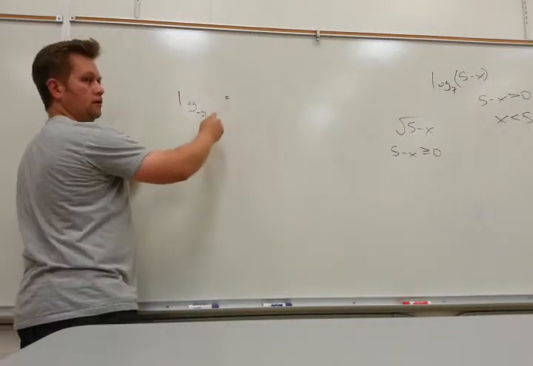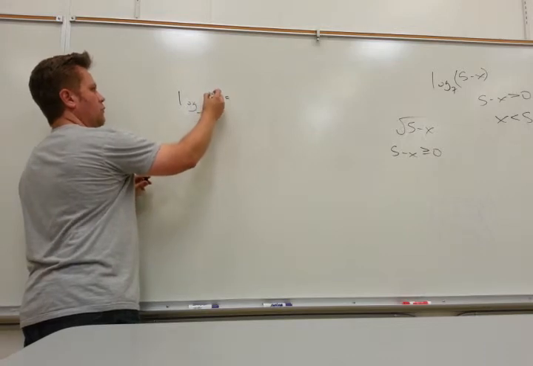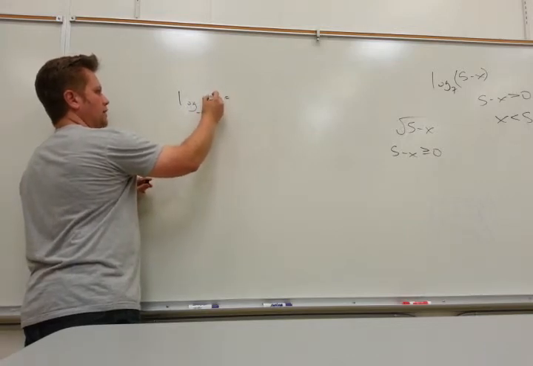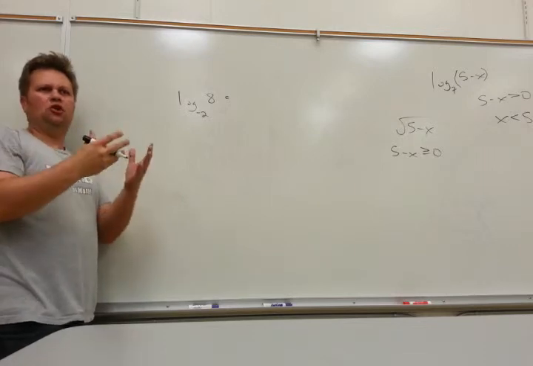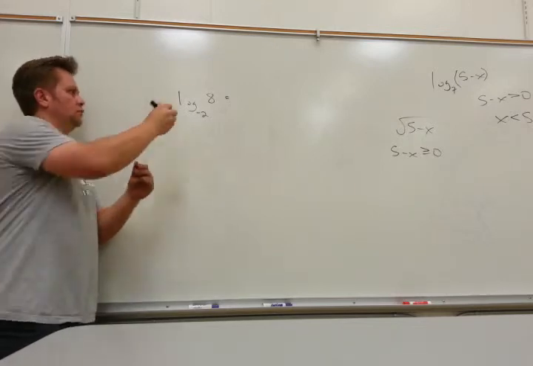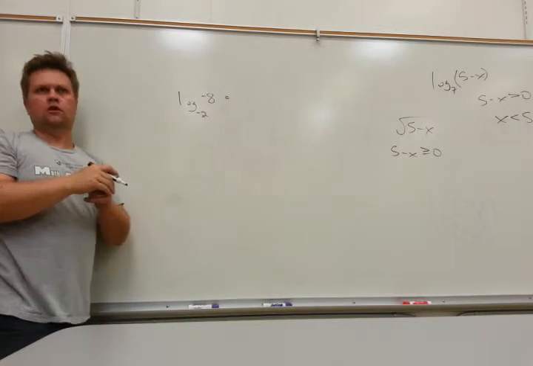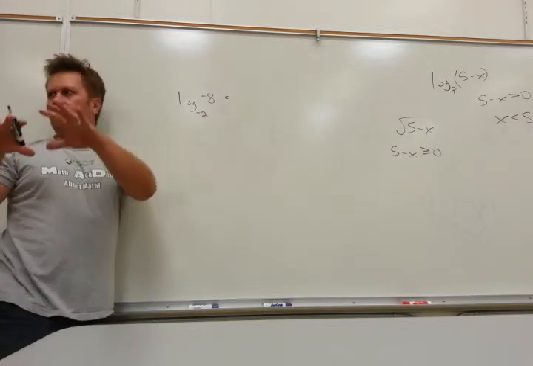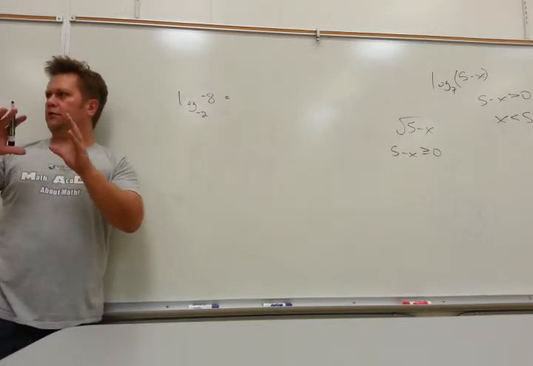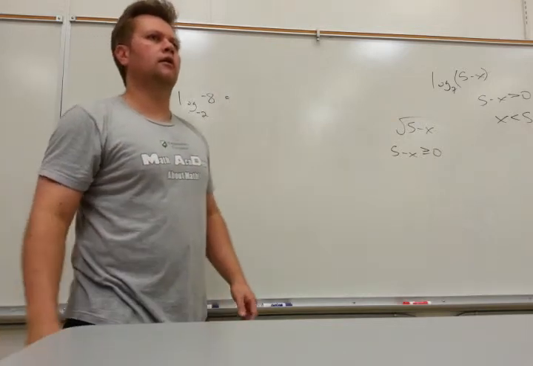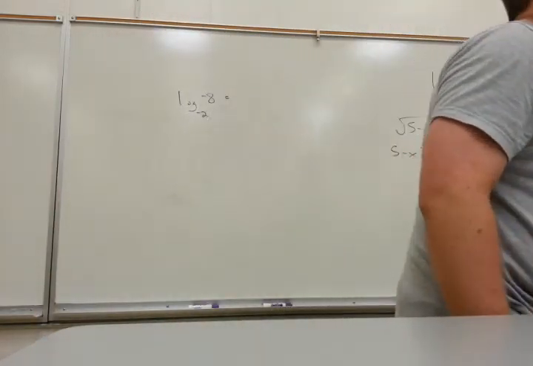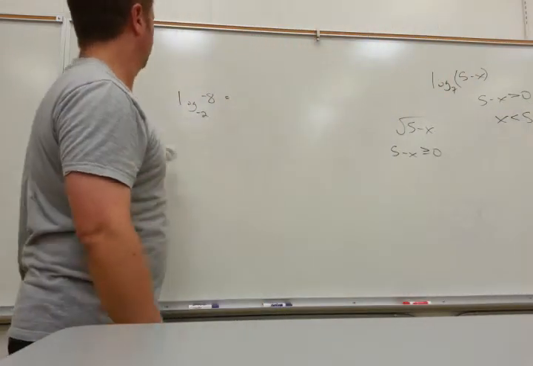Your power would be odd. If I wanted to do this, I couldn't, because I'd have to cube it, and cubing it would give negative 8. So it leads to a very strangely shaped function.